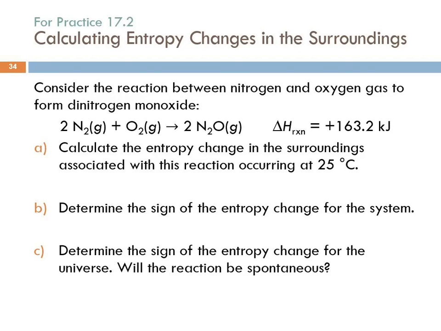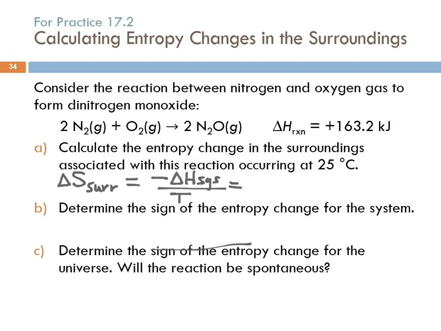So what is the equation we just came up with? Change in entropy of the surroundings equals negative delta H system over T, with T in kelvins. Okay, so this is positive delta H, so making it negative. Do we have to convert that to joules or keep it in kilojoules?